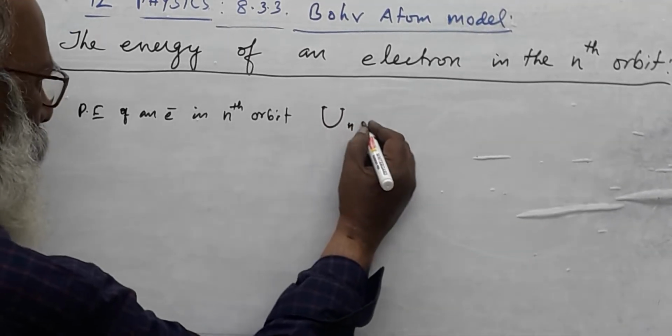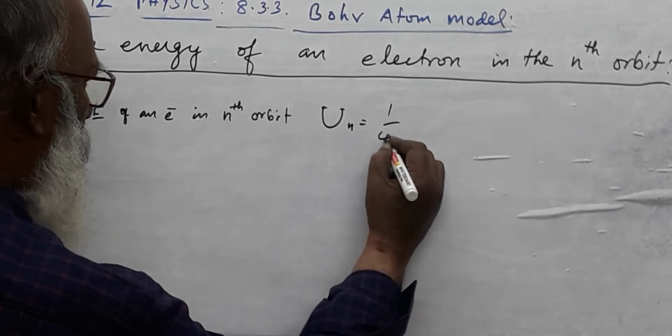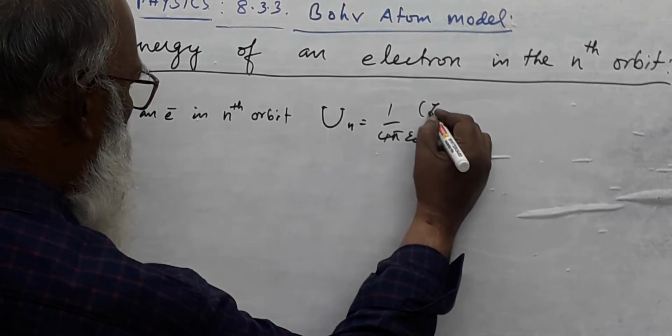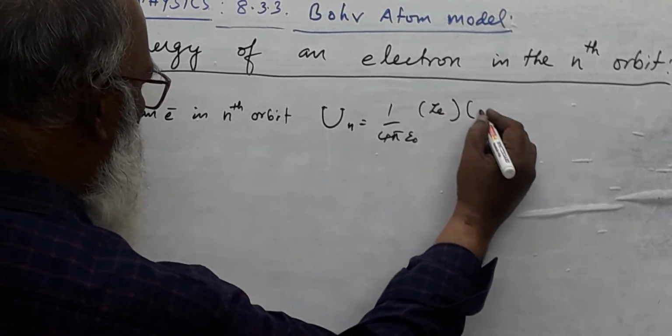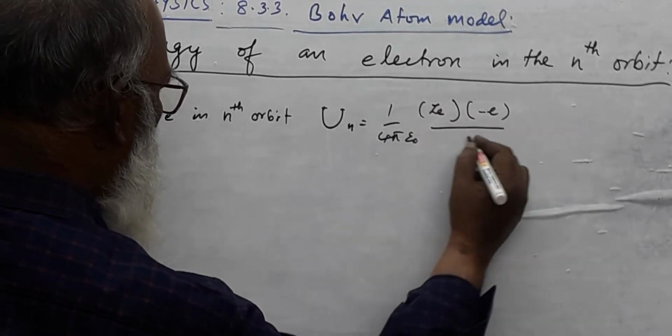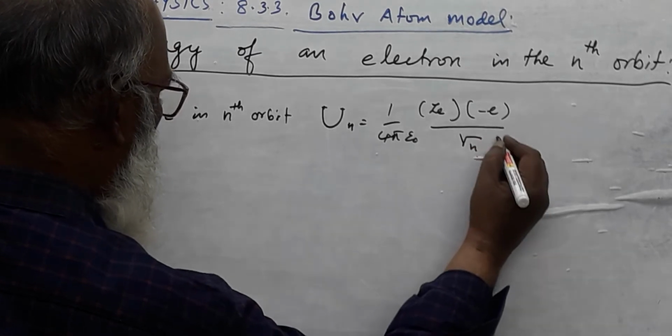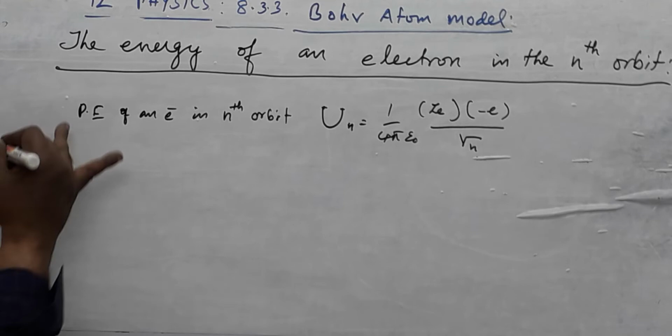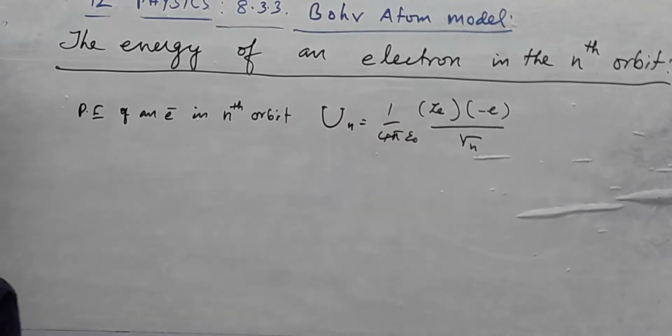It is nothing but 1 by 4 pi epsilon naught into (plus Ze) into (minus e) divided by Rn. That's all, not square. For potential energy you have to consider only Rn.